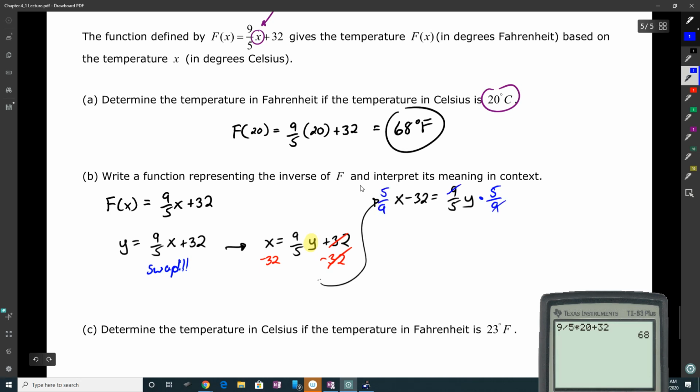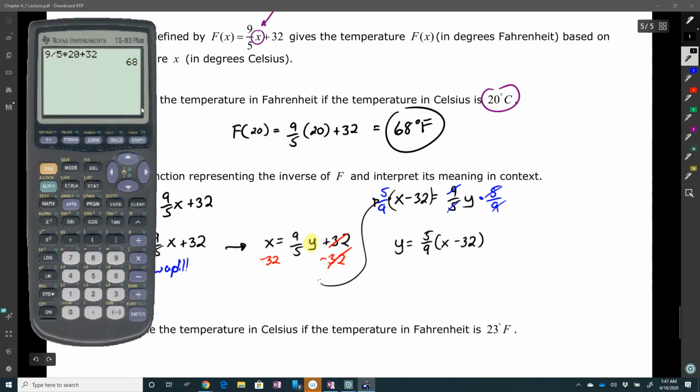So the 9's cancel, the 5's cancel. And so I have y equals 5/9 times (x minus 32). You can distribute if you want. 5/9 times 32, I don't think that's a happy number. It might be. No, it's not.